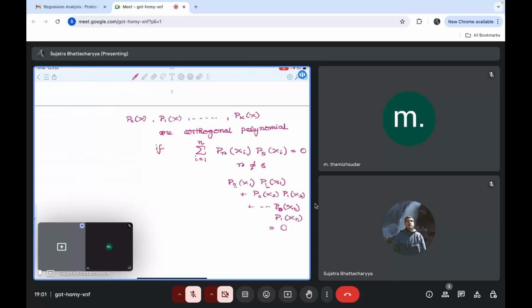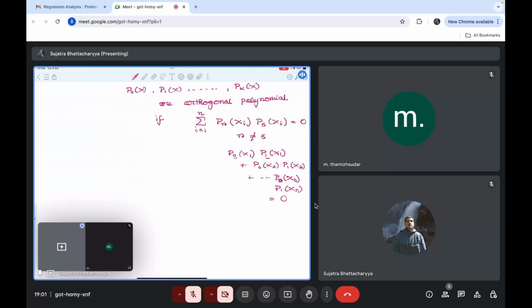It will only be nonzero when you have P naught x1 into P naught x1 plus P naught x2 into P naught x2, and so on up to P naught xn into P naught xn.